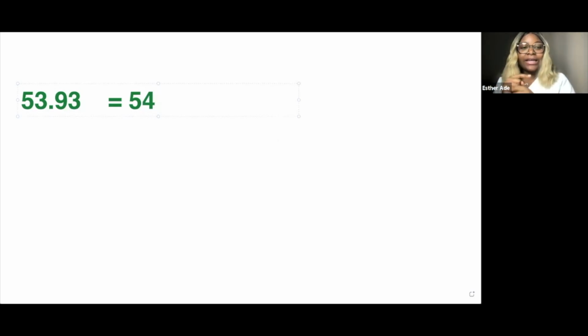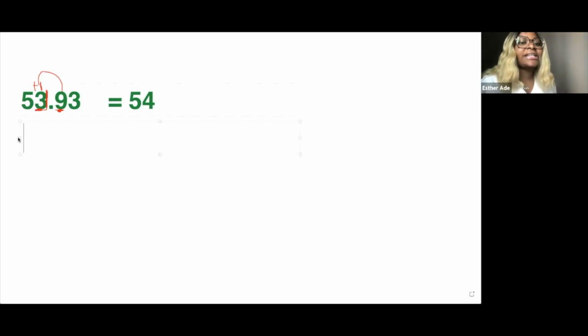If you didn't get that, we probably need to revise this. You should lock the gate before the decimal, because remember, with a whole number, we need to get rid of the decimal. So you should have locked the gate right here, and this is the immediate number. It's up to 5 and more, so we can bring it over here. It becomes plus 1, and this becomes 54. Make sense?